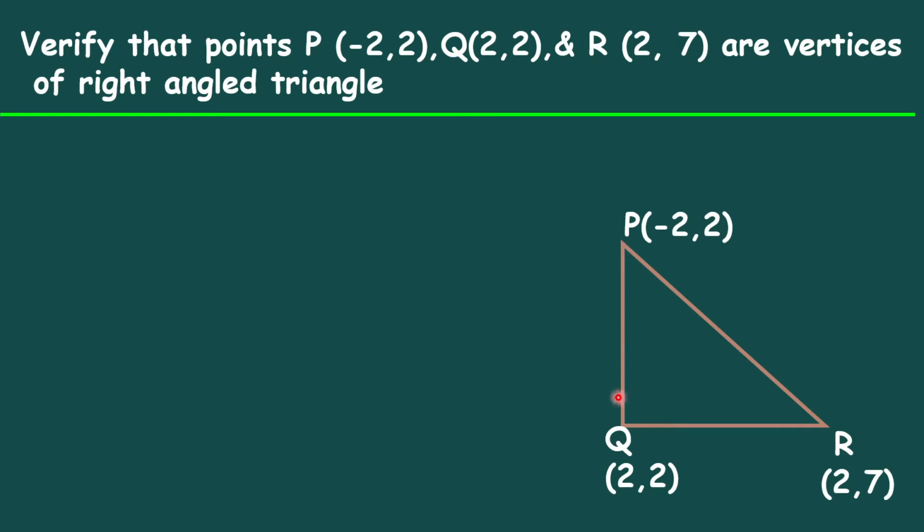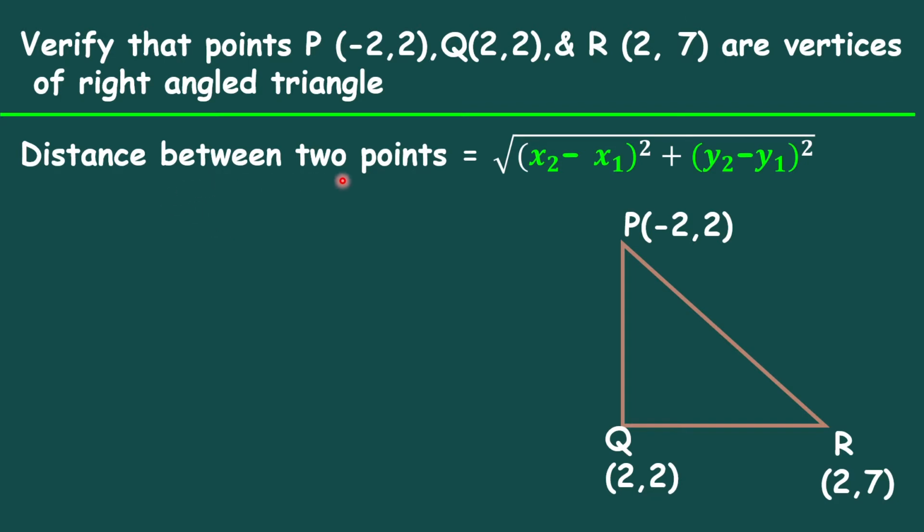Therefore, first we have to find out the length of sides PQ, QR and PR. To find the length of PQ, we have to apply here the distance formula. We know that the distance between any 2 points is equal to root of (x2 minus x1) bracket square plus (y2 minus y1) bracket square.